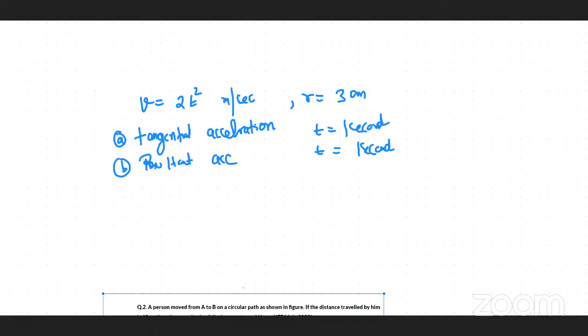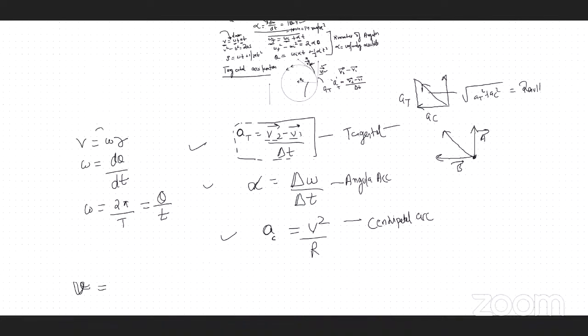First step, tangential acceleration. If you know the source of tangential acceleration, why it comes up, the tangential acceleration came because of the change of the velocity in magnitude and direction both.